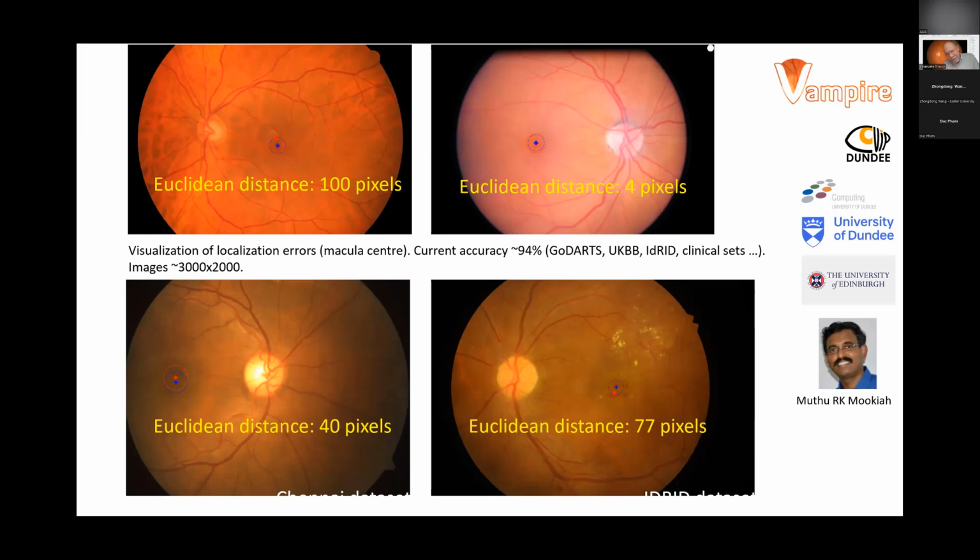The first thing is we automatically establish landmarks. For instance, you have to find automatically the optic disc. In this case, you see the estimated and real annotated position of the center of the macular region.